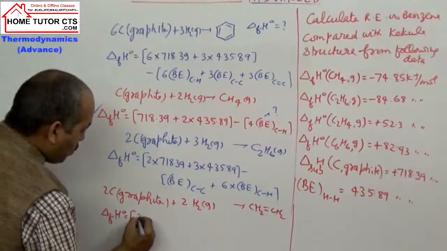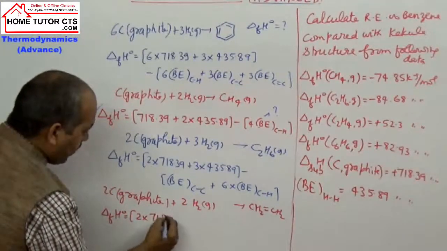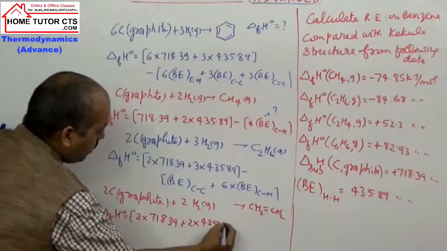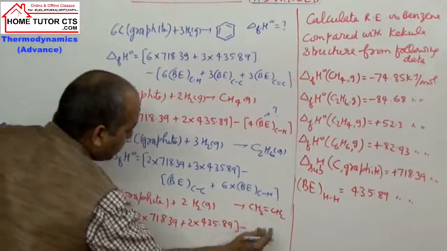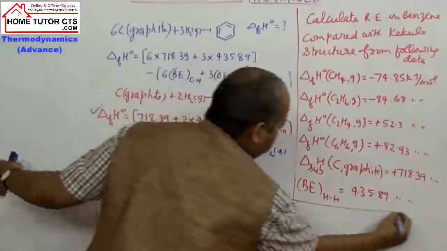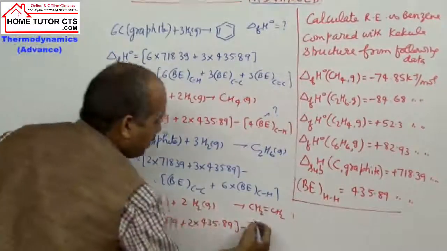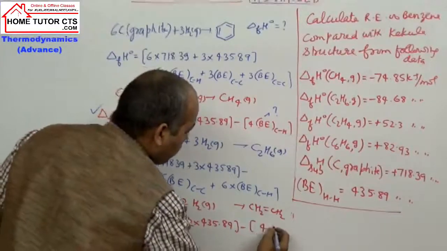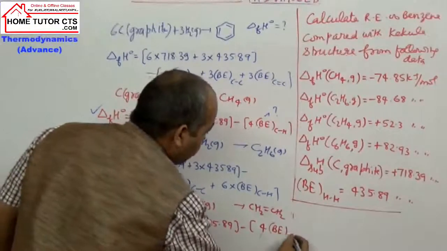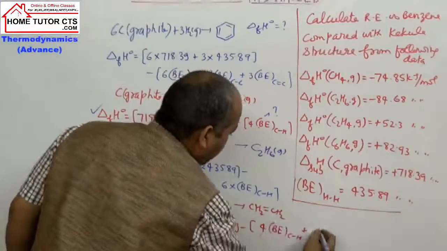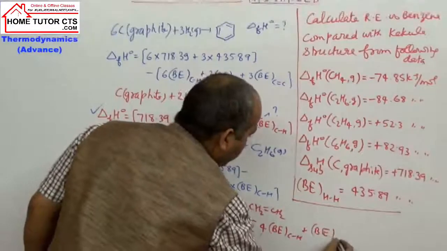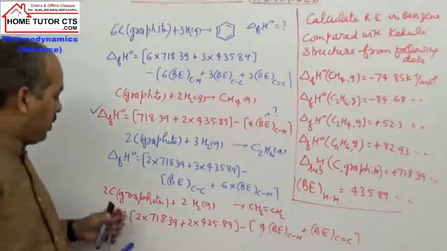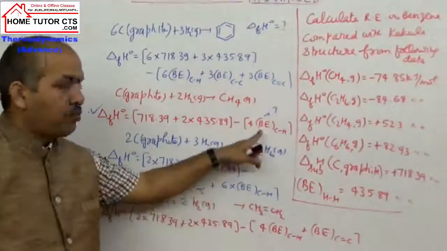It is 2 into 718.39 plus 2 into 435.89 minus, in the product side, 4 into the bond enthalpy of C-H single bond plus the bond enthalpy of the C=C bond. Again, this value we have already got from here.